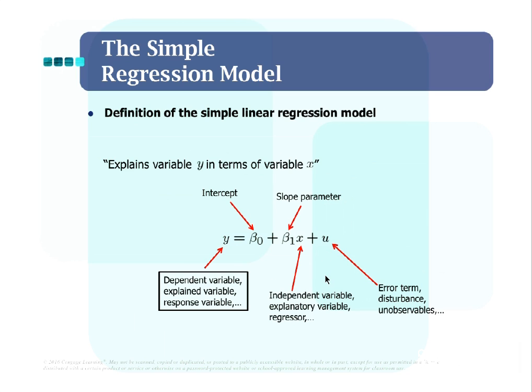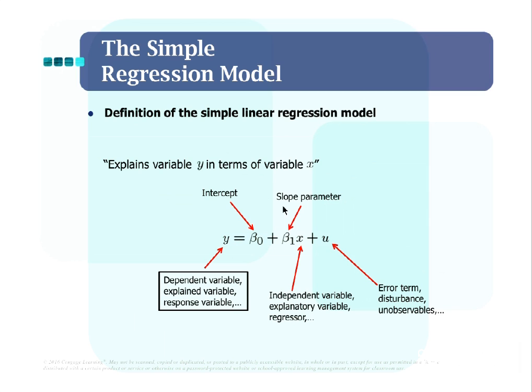But most of the time, we don't know the value of this beta 0 and the beta 1, these parameters. Beta 0 is called intercept, and the beta 1 parameter is called the slope parameter.